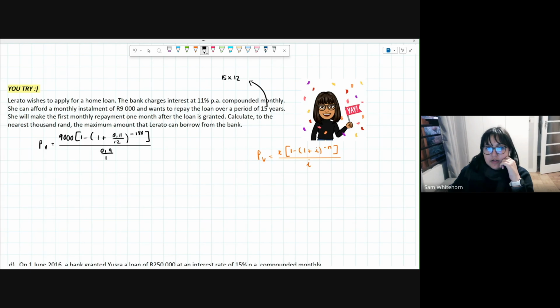our i value. Okay, now importantly, it said to the nearest 1,000 Rand. So you get a whole long decimal, 791,800 something. I had it, and then I didn't have it. 791,837 Rand, 43 cents.